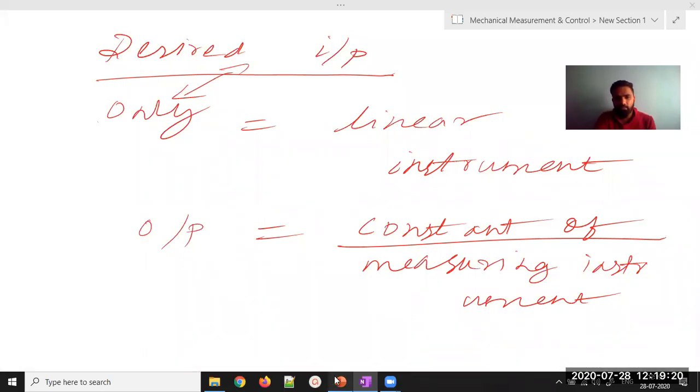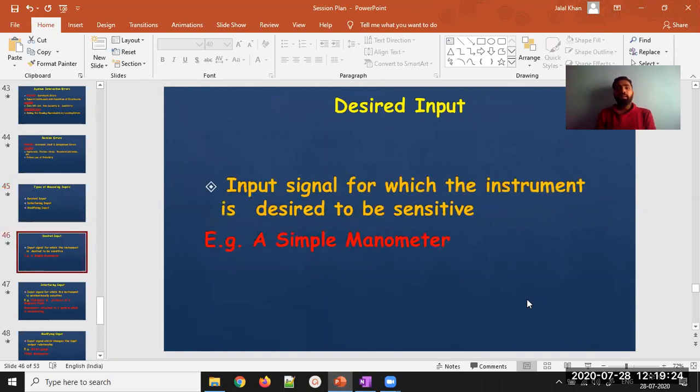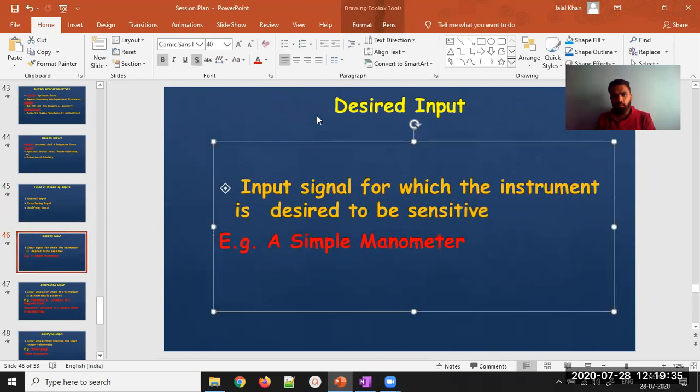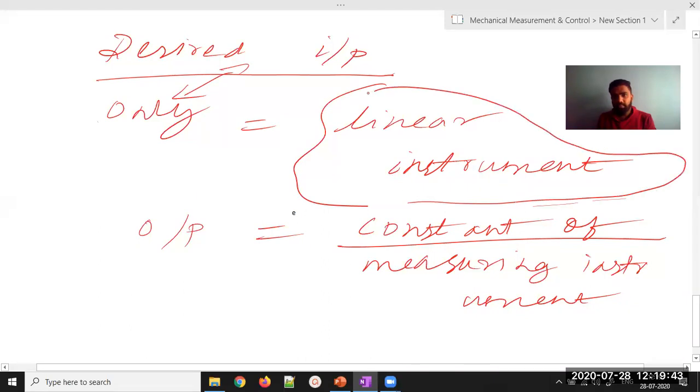Now I'll get back to the definition. Let's see the next slide. An input signal for which the instrument is desired to be sensitive is called a desired input. This type of input is going to be linear in nature, meaning it will obey the law of sensitivity.